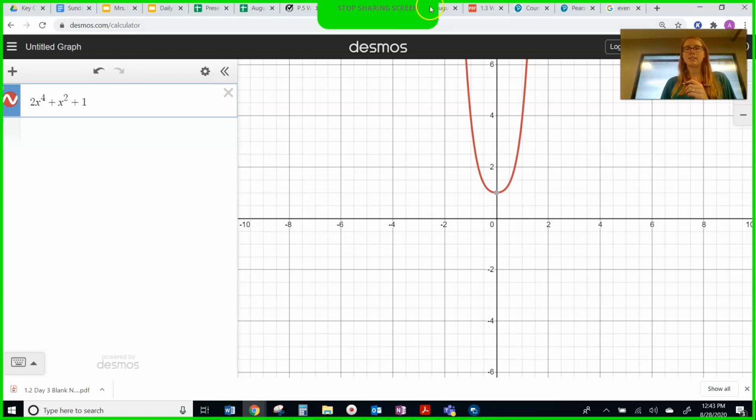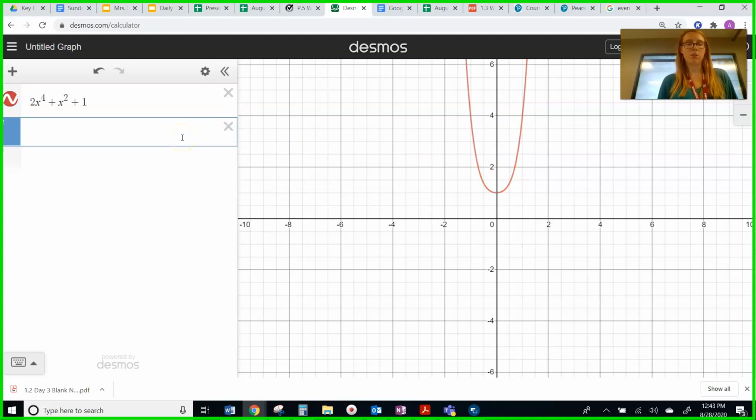So again, we can kind of see how these two pieces here are symmetrical. Okay, if I put in that line, right, the two pieces on either side of that line are exactly equal.